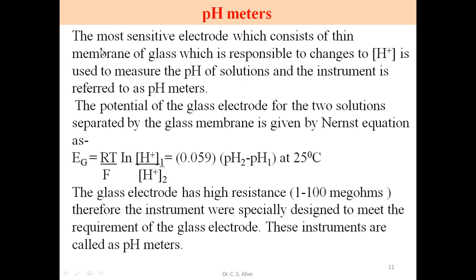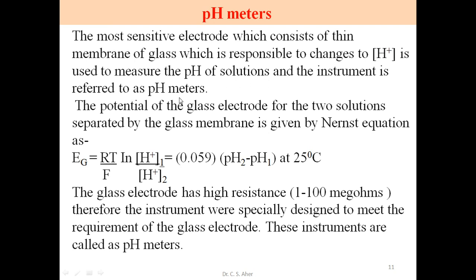So what is a pH meter? We have the sensitive electrode, in this case the glass electrode. A layer is formed on the membrane due to various concentrations of H plus ion, and that different layer gives the EMF, and we measure that EMF as the pH of that solution in the pH meter.